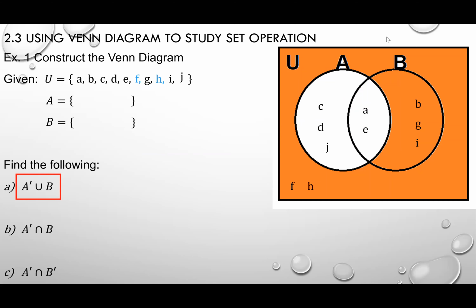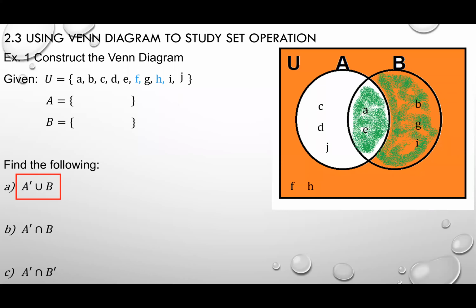And if this is outside of A, now they tell you whatever is outside of A, unite that with inside of B. Do you agree that the green spray paint is the item inside B? One thing I want to point out, and this is how you want to remember: whenever it's the union, as long as you paint it, as long as you touch it, it is yours.